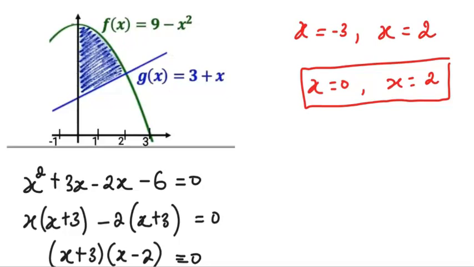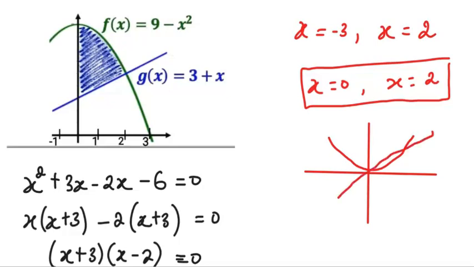Now, let us take note that when you have a graph, let's say we have a curve and a straight line. Let's say this curve here is f of x equal to x squared, and this straight line here is g of x equal to x.